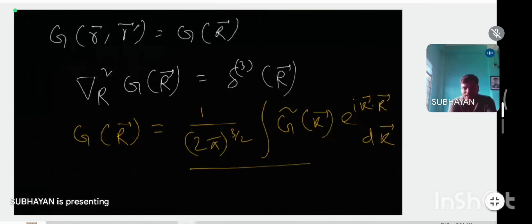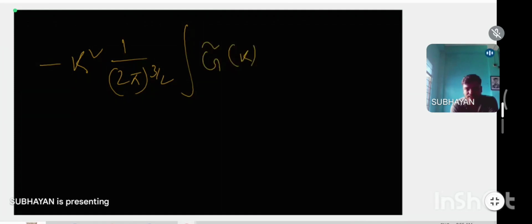So minus k square, and after that it will be 1 by (2 pi) to the power 3 half, G tilde k e to the power i k dot R d cube k.